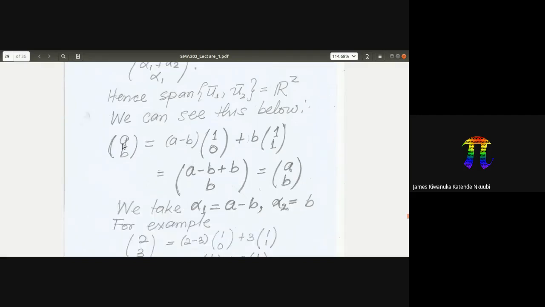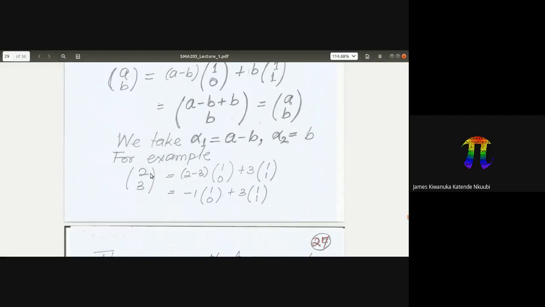So we have shown that it doesn't matter what A and B are, it's always possible to write them as a linear combination of (1, 0) and (1, 1). The scalars you will need are A minus B as your alpha 1 and B as your alpha 2.